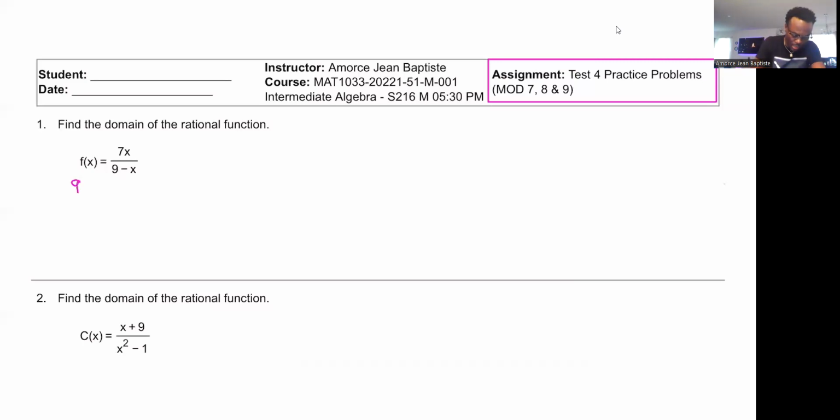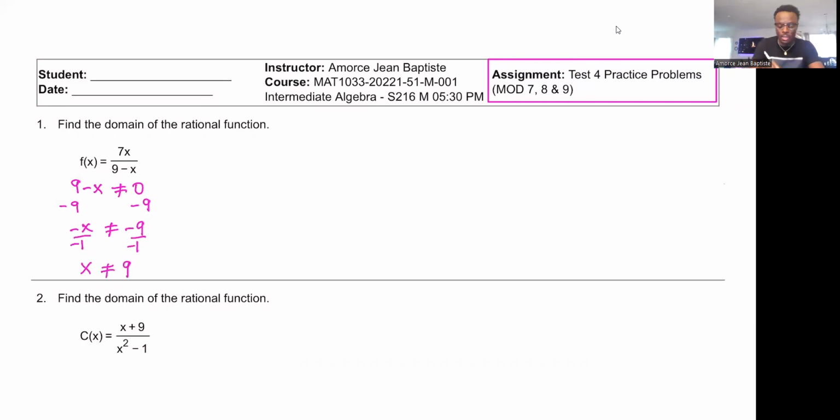So 9 minus x cannot be 0. And then now we want to isolate x, subtract 9 on both sides. Negative x not equal to negative 9. And then if we divide by negative 1, x should not be 9.